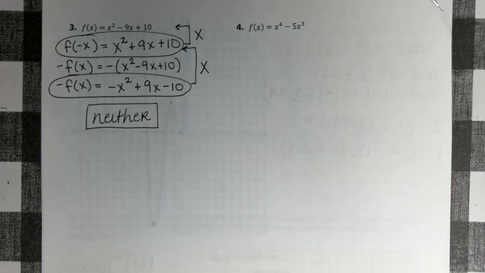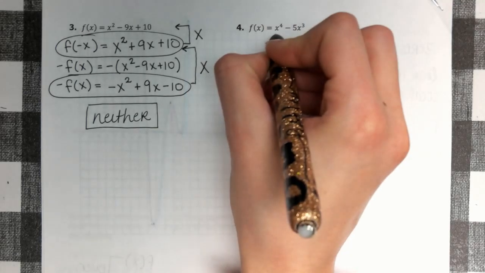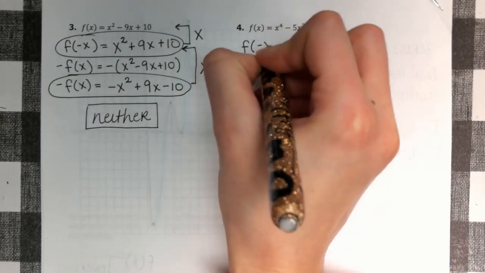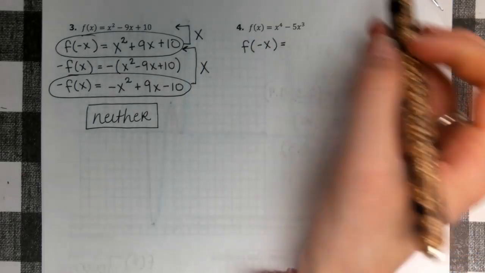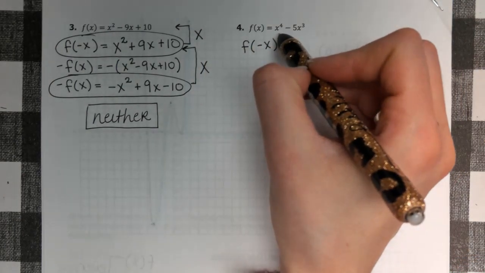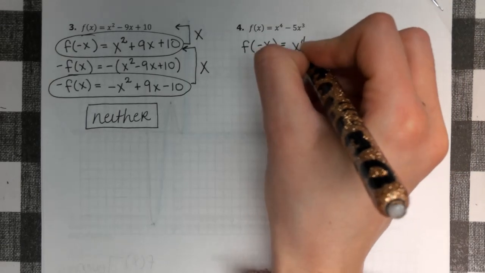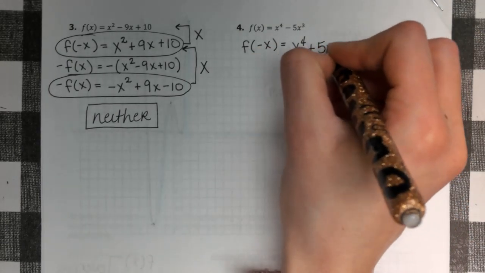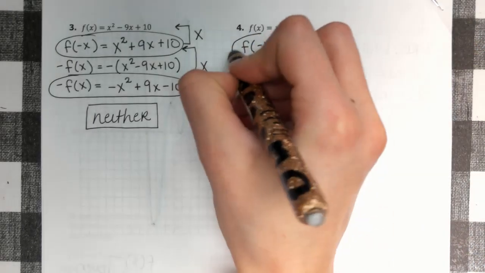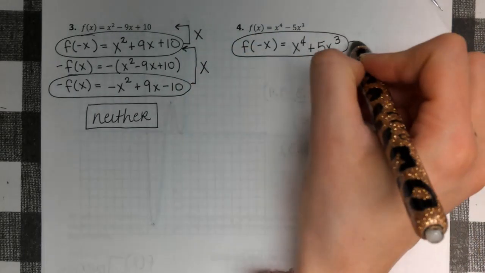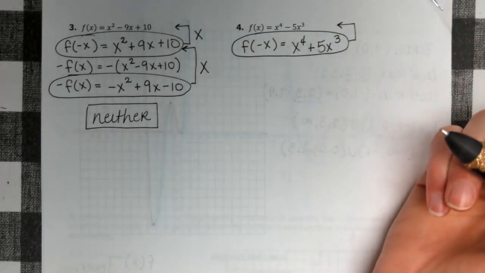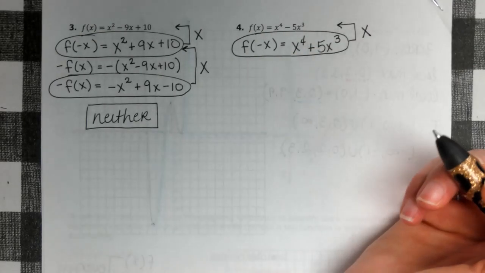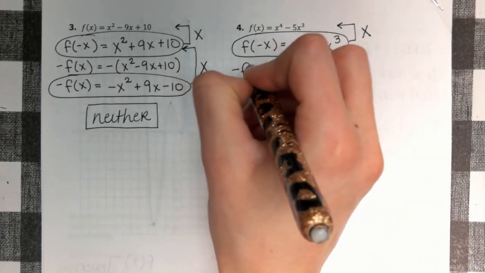So this last one. F of x equals x to the fourth minus 5x cubed. F of negative x, would x to the fourth change? No. Would negative 5x cubed change? Yes. If I compare that to my original, is that the same? No, so it's not even. So now I find negative f of x.